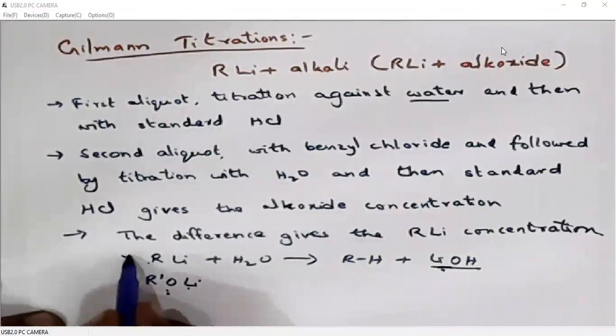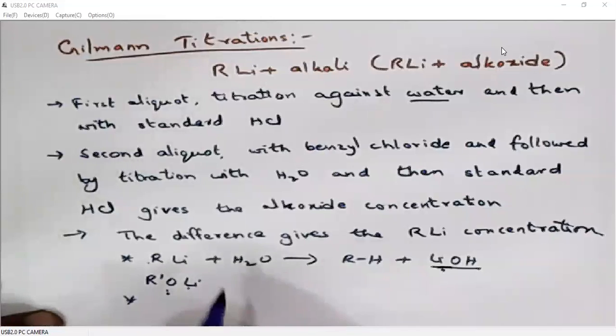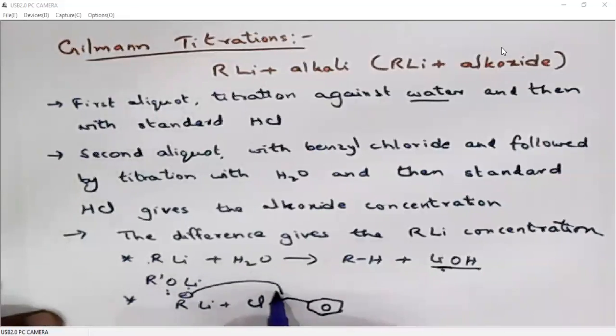Then the second aliquot, the second portion, is titrated with benzyl chloride. When we titrate it with benzyl chloride, what is the product? R minus will undergo a nucleophilic substitution.